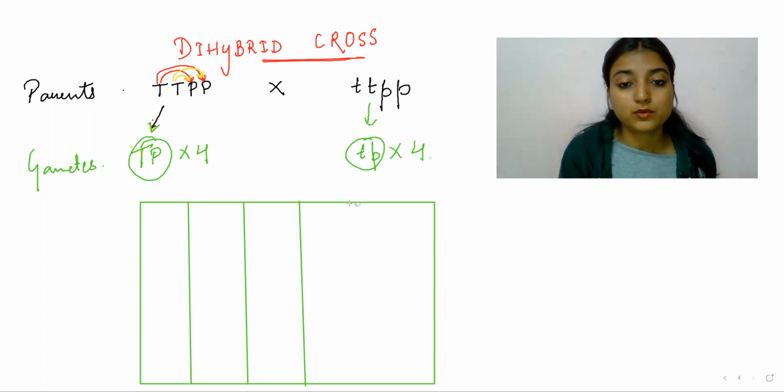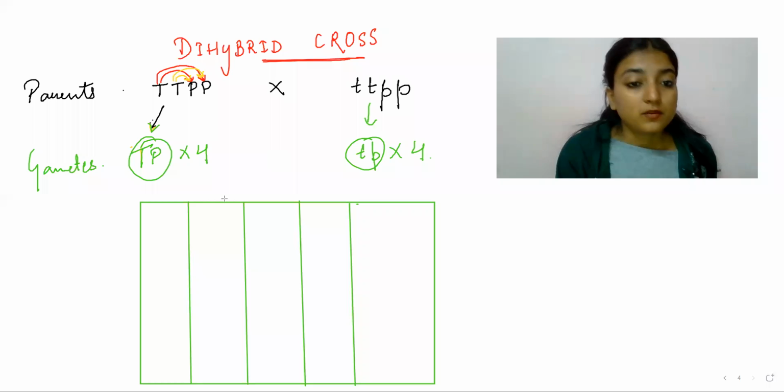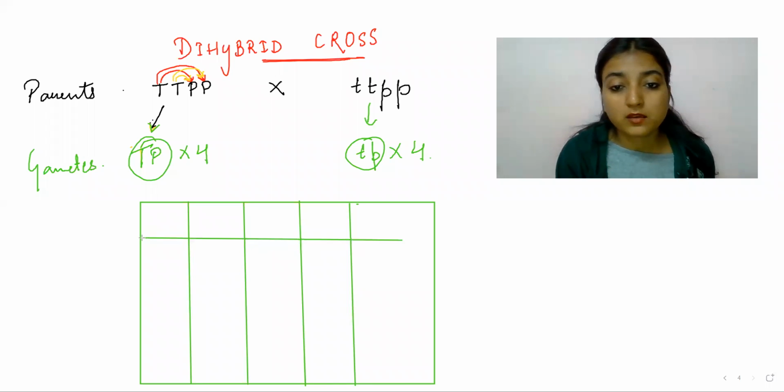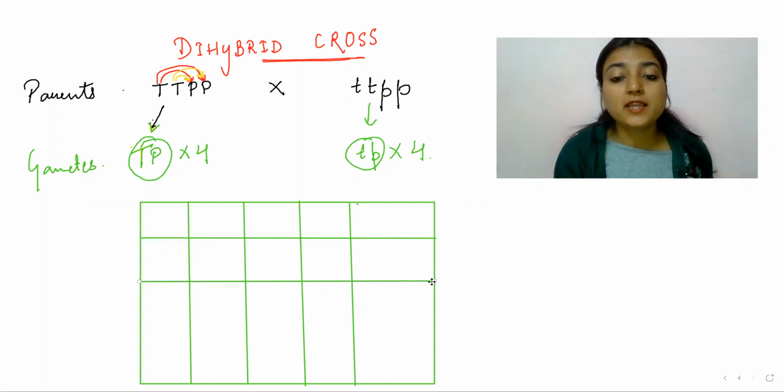Okay. So 1, 2, 3, and 4. I just made one extra, to erase it. Fine. So now 3 and 4. We will just make a fast Punnett square, and this will be representing again the F1 generation.